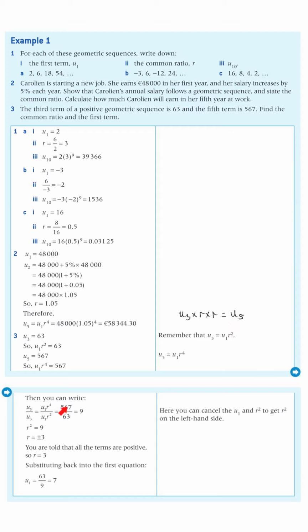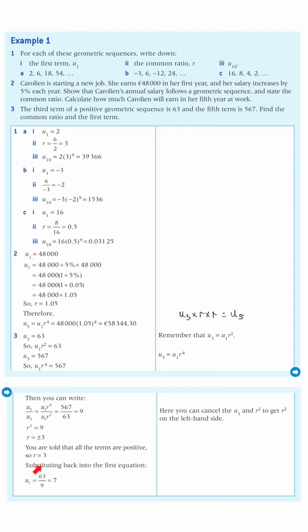U5 on U3 is 9. That's R squared. Okay, R squared is 9. Then we've got the answer if it's a plus or minus 3, but it does say in the question positive geometric sequence there. Okay, so if it's all positive, every term is positive, so it's got to be 3.